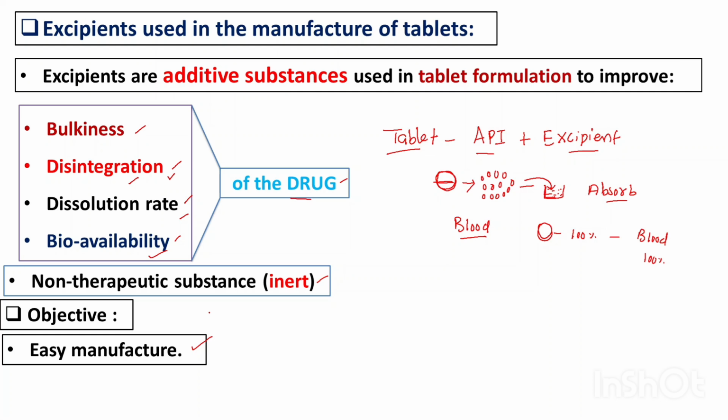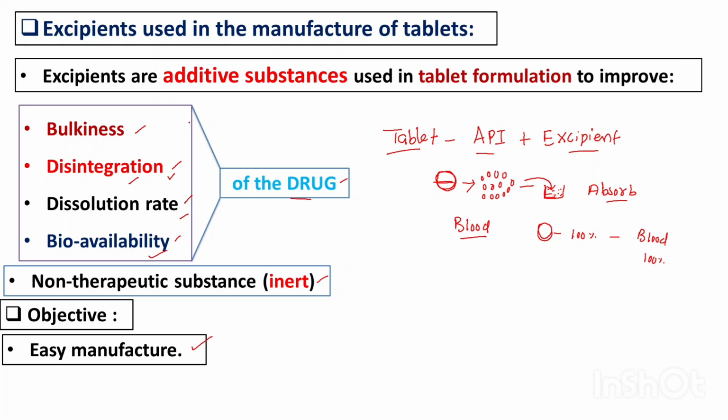In the previous class, I told you about the classification of tablets. Depending upon the site of onset of action or the route of administration, we can classify the different types of tablets. So for different types of tablets, we need different methods for manufacturing.